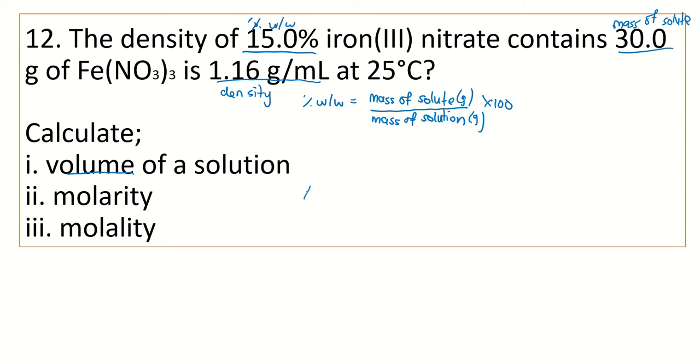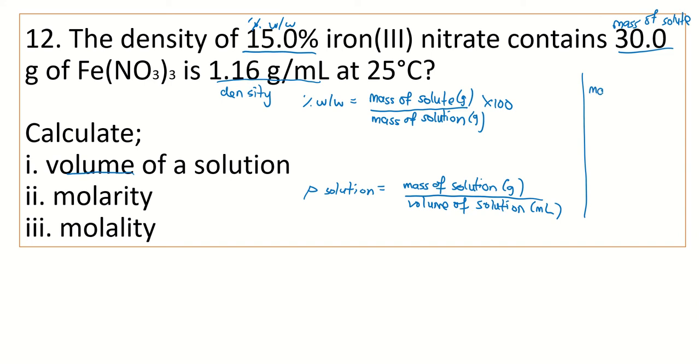Next, if we have density of solution, the formula is mass of solution in gram over volume of solution in ml. Right, so now what are the other information that we have? We have mass of solute, which is equal to 30 gram.